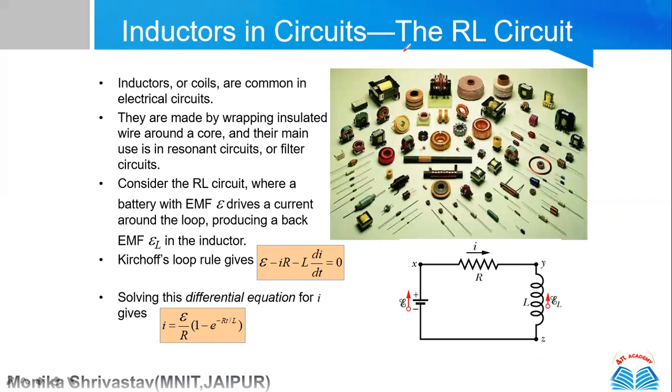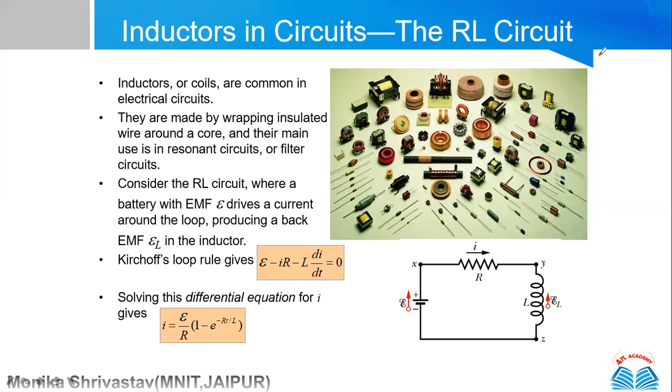So we take RL circuits as an example. If we have to apply inductors in circuits and the electronics industry, then we introduce circuits like RL circuits, RLC circuits, and so on.